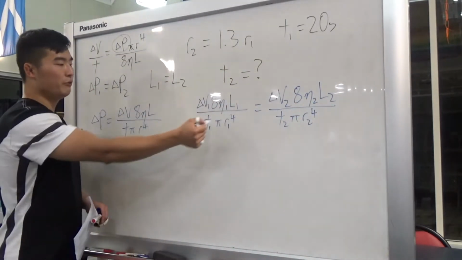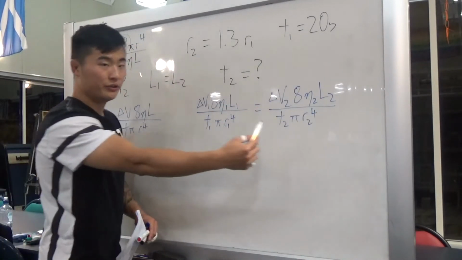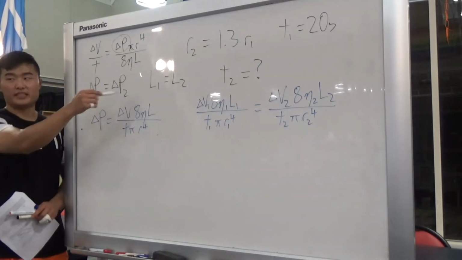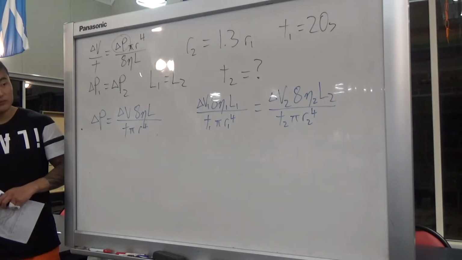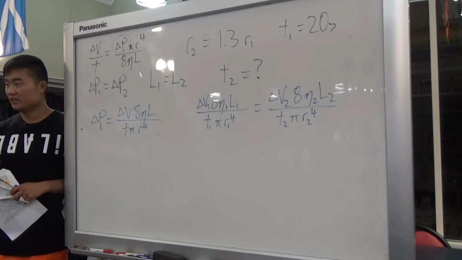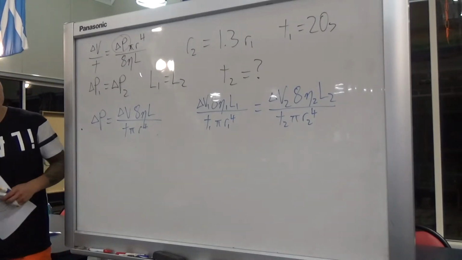So this is delta P1, this is delta P2. Okay, delta P1 equals delta P2. I know I'm repeating myself a lot, but I just want to make sure that you guys get it.